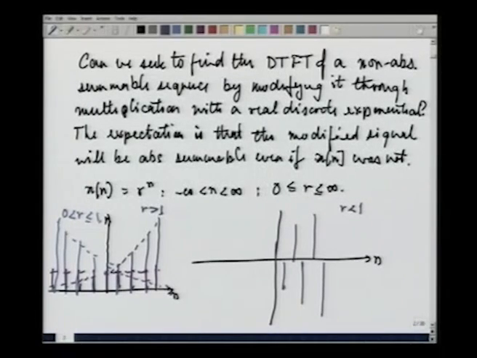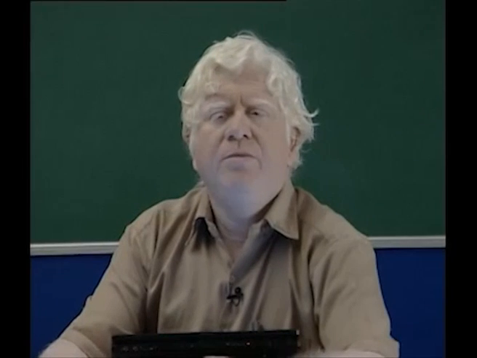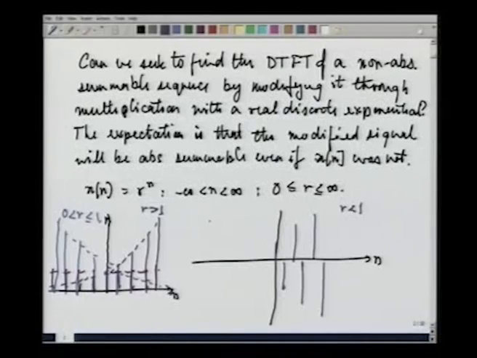What happens if r lies between 0 and minus 1? There is a small correction I am making over in this place, 0 less than minus r less than 1.